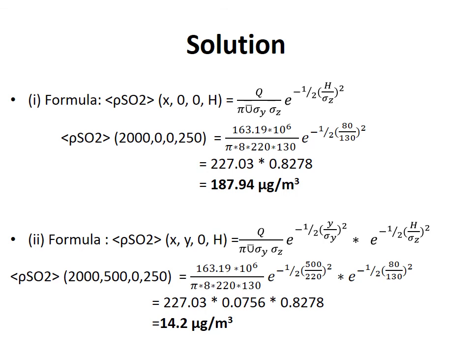For the second part, we are substituting for the formula rho SO2 for 2000, 500, 0, 250.